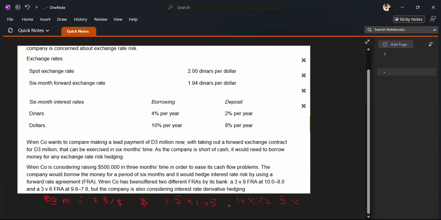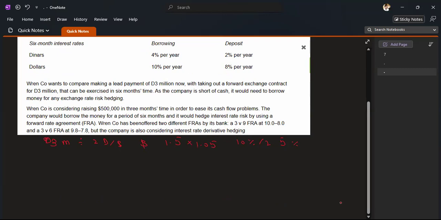So it means that now we are going to borrow at 1.05. So how much is the total money? How much, in dollars? 1,575,000. And this was with the help of the spot exchange rate. Now what was the other rate that was given in this question?